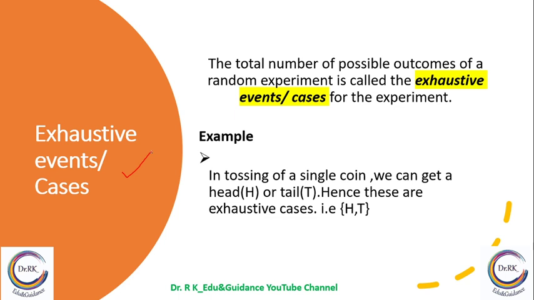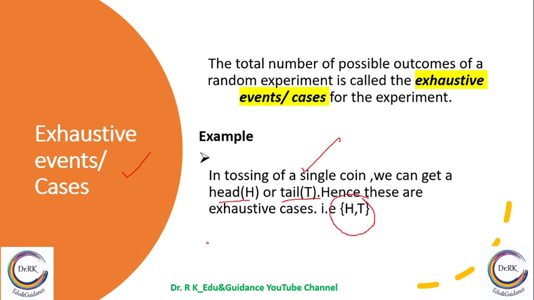All possible outcomes are called the exhaustive events or exhaustive cases. For example, if we take the tossing of a single coin, we know we'll get either head or tail. Then we say these are the exhaustive cases.